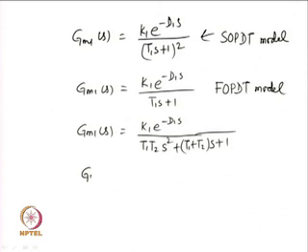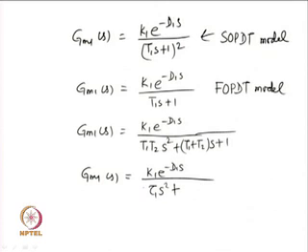Can we take any other form like GM1 is equal to K1 e to the power minus D1 s upon tau1 s square plus tau2 s plus 1?